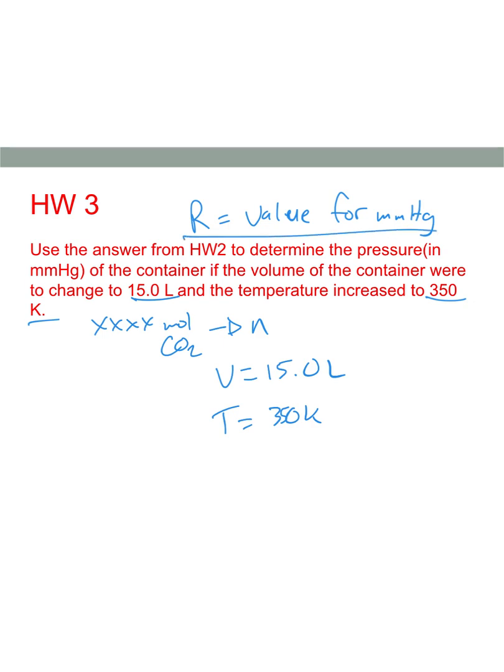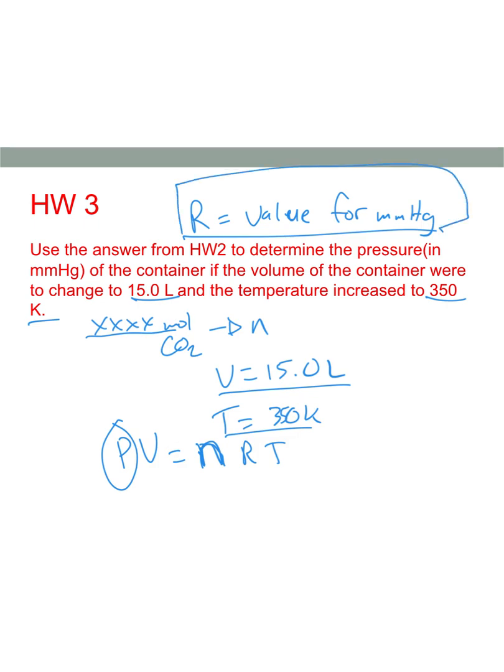And I already have R in my notes. It's going to be PV equals nRT. Sorry, that's an ugly n. Okay, and what you're trying to find, similar to the one I did, is P. But you already have n, you have V, you have T, so you're looking for P. And of course, you already have R from your notes. And with that, good luck.